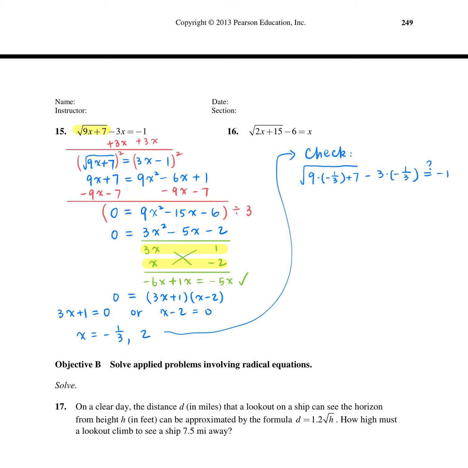Underneath the radical sign, you should get negative 3 plus 7, that is positive 4. Radical 4, that is 2. And the second part, negative 3 times negative 1/3, that's positive 1. Is 2 plus 1 the same as negative 1? Well, apparently it's not.